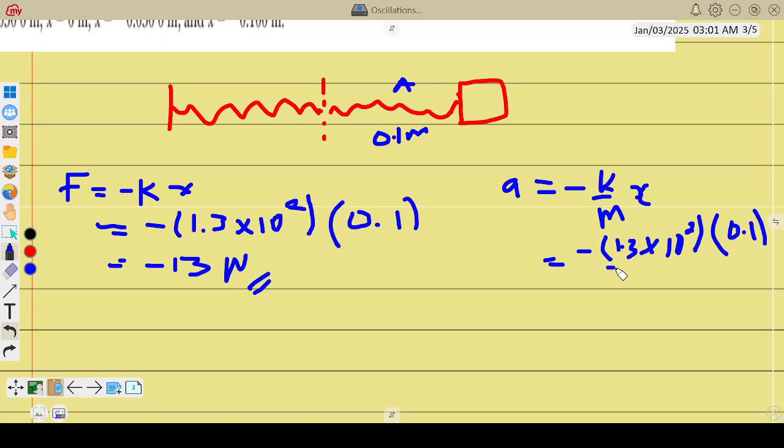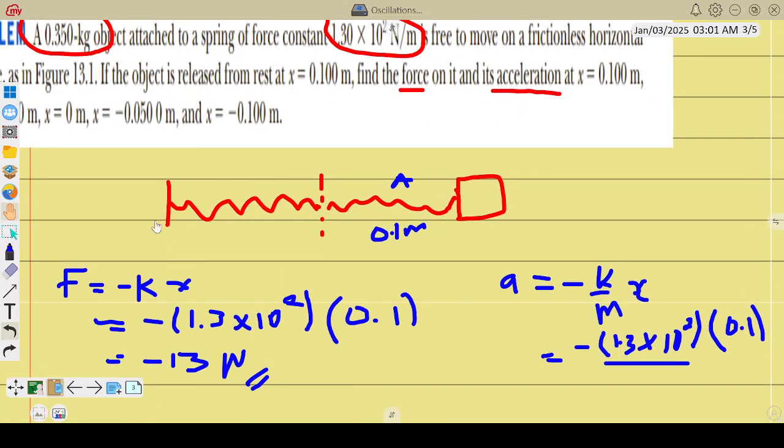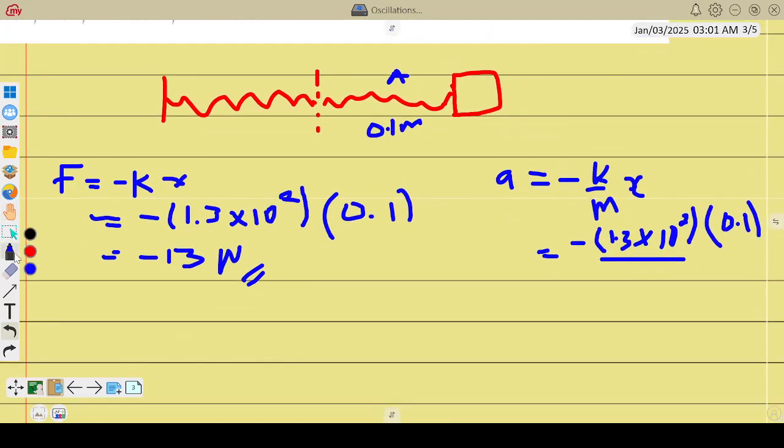This is over m. M is the mass. What is our mass? They gave 0.35, so we say 0.35. You can do the math. I know here things might not be clear, but you're able to hear me. So divide this by that, and then the answer times 0.1.